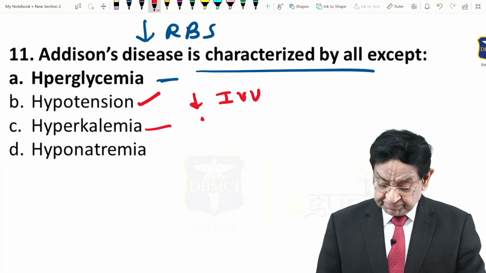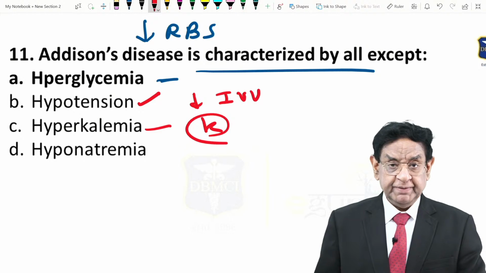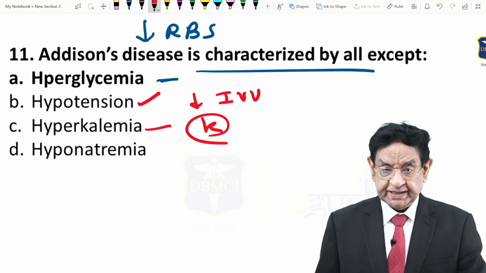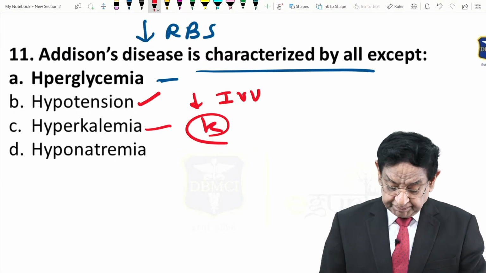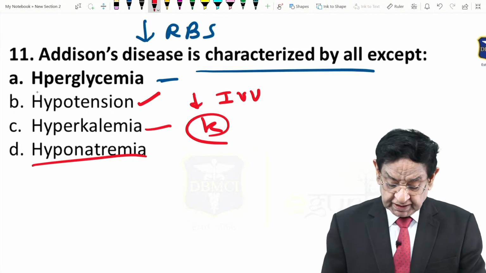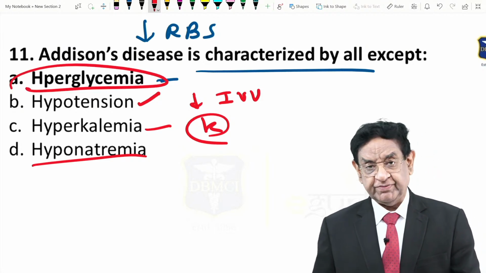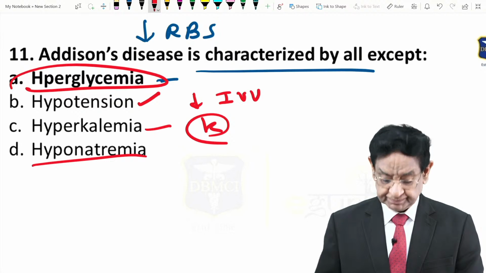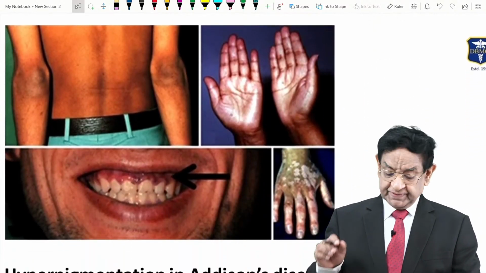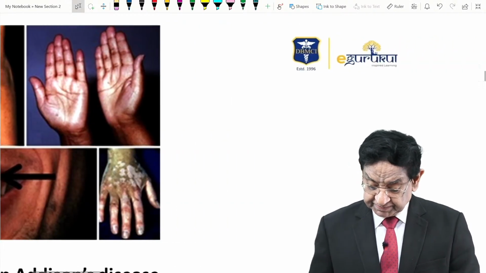Hyperkalemia, because potassium is retained in the body as sodium is not getting reabsorbed. Potassium remains in the body, that leads to hyperkalemia. Hyponatremia, because sodium is not getting reabsorbed. Hyperglycemia is not a feature of Addison's disease. Well, one more finding that we can see is hyperpigmentation.